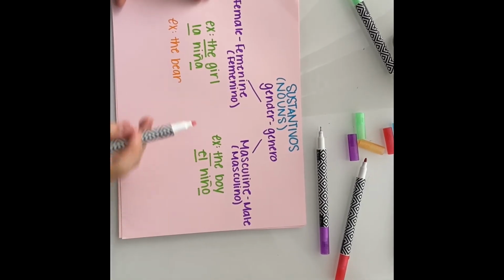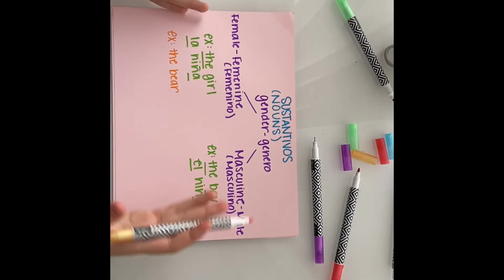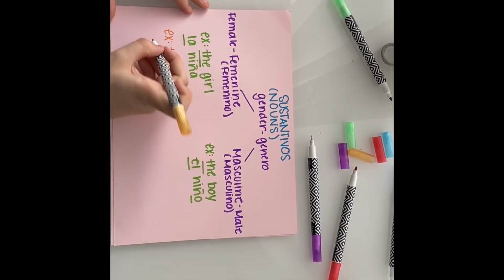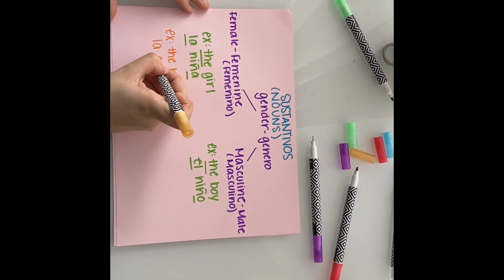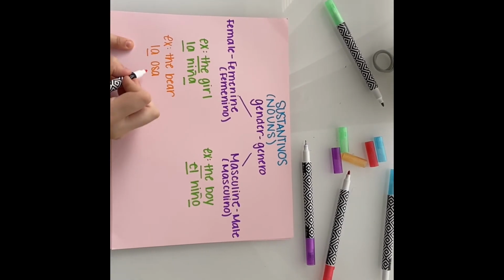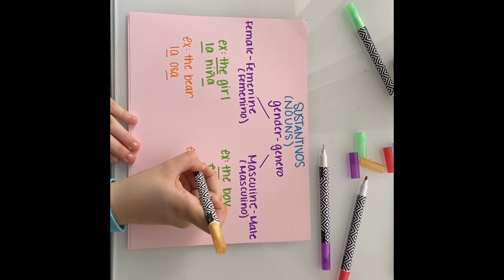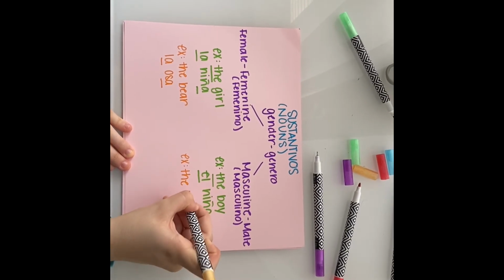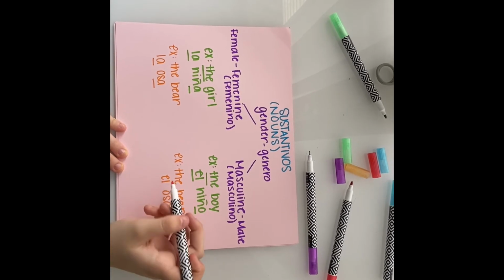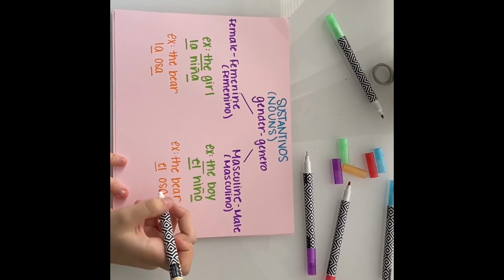In English, you cannot say if the bear would be a girl or a boy. But in Spanish, the bear, la osa, starts with an article that is feminine, and it ends with an A. An example for masculine, which is still the bear in English, but in Spanish would be el oso. El as a masculine article, un artículo masculino, and it ends with an O.